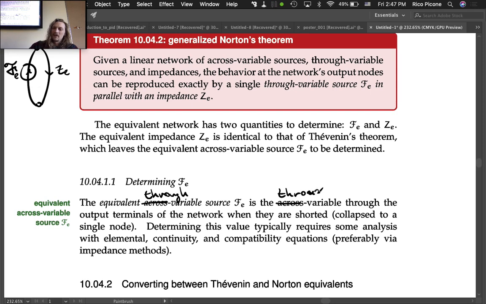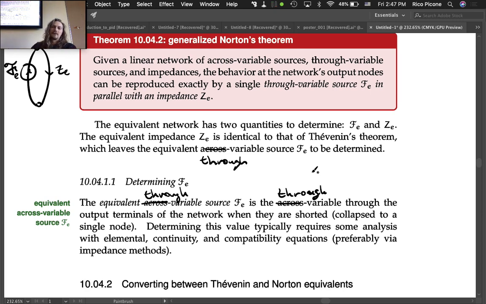I was also wrong in this last sentence here. These are the only three places, though, because there were only three that I replaced. But I replaced them with the wrong thing. So go me. In your notes it says current. It should say through variable source. Current source is what it is in the case of an electronic circuit, right?